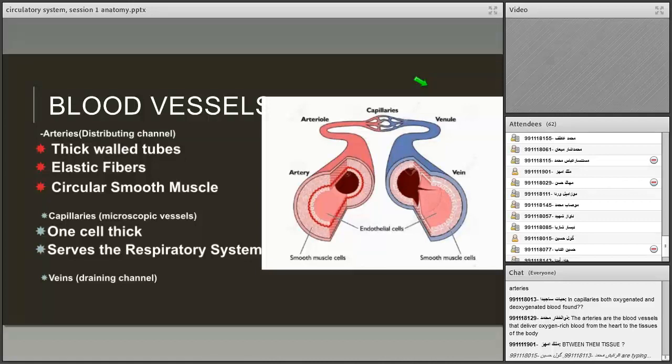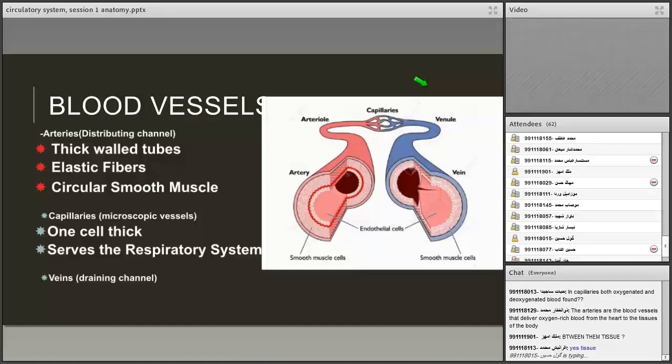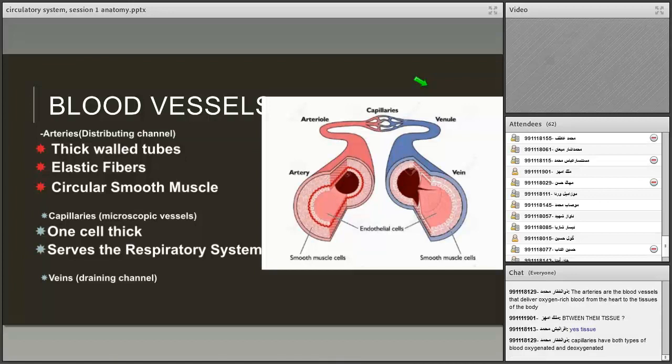Yes, it's right. The arteries are the blood vessels that deliver the oxygen-rich blood from the heart to the tissues. Let me explain about the capillaries more in the next slide.